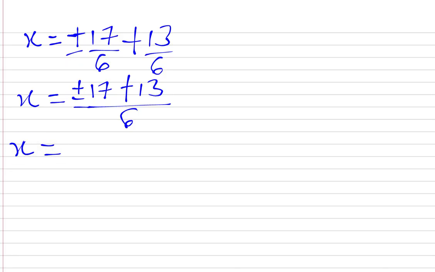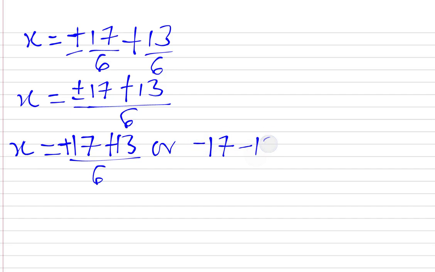So I will separate them now. And that will give us plus 17 plus 13 all over 6, or minus 17 plus 13 over 6.